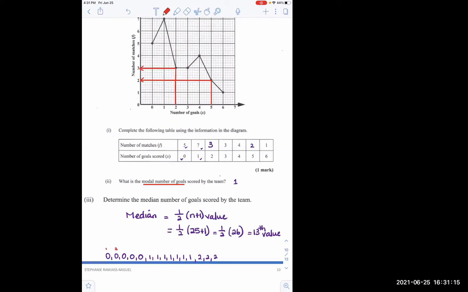So this is 1, 2, 3, 4, 5, 6, 7, 8, 9, 10, 11, 12, 13. What is the 13th value? 2. So the median is 2. So take it down. Any questions so far? No, miss. Okay. And when you all are ready, we will move on.